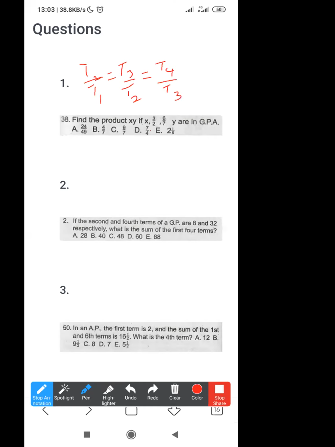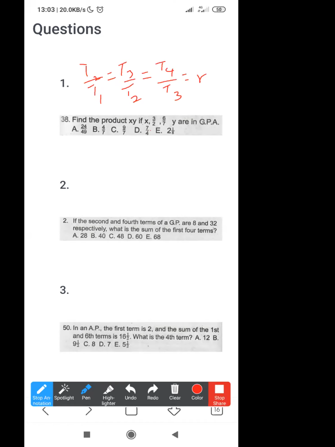Do you all agree with me? If you want to find your common ratio, just pick two consecutive terms. T2 over T1 is the same thing as T3 over T2, which is the same thing as T4 over T3. I don't like to stress myself much.